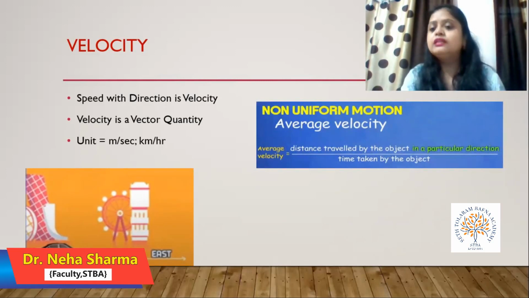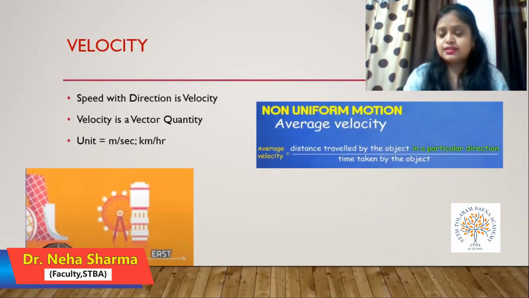The term "in a particular direction" is included, and this denotes velocity. In a case of non-uniform motion, this ratio is defined as the average velocity, because the total distance traveled by an object is different and the time is also different. Like average speed, we calculate the average velocity in that case.